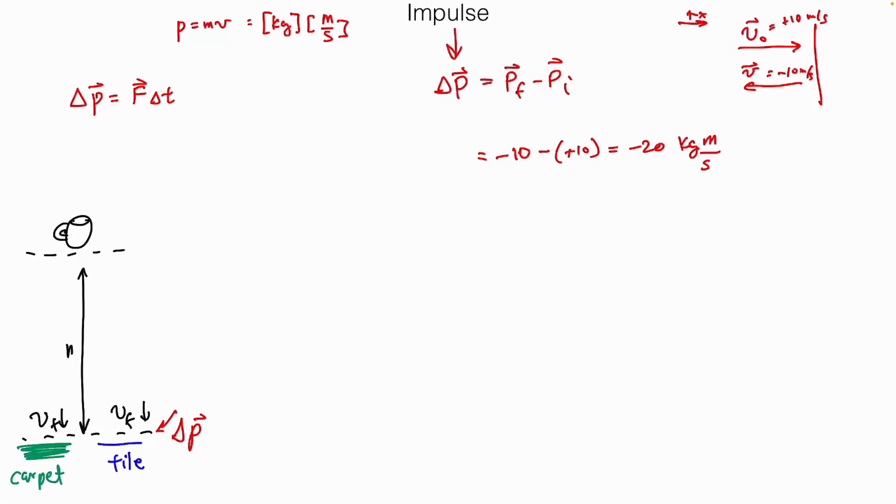So what is the change in momentum on the carpet side versus the tile side? What is the impulse between the tile and the carpet? Is it different or is it the same? It's the same. Okay. I walked you right into the trap.